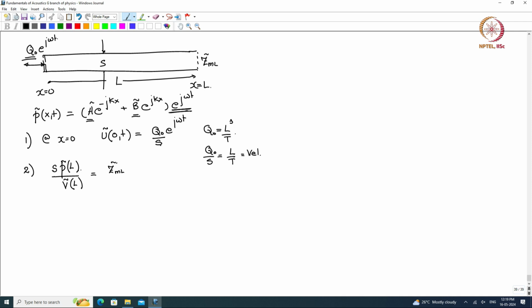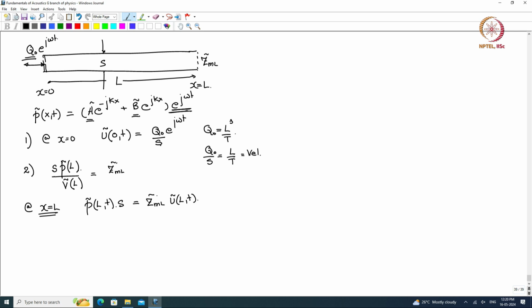So now let's look at this. At x equal to L, the pressure p tilde at L, let me keep the time, S into cross section, force, is equal to Z mechanical tilde into velocity at L comma t.